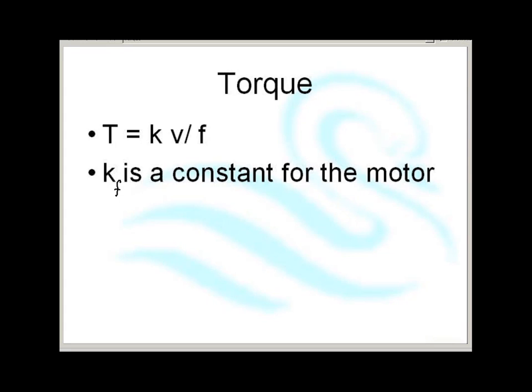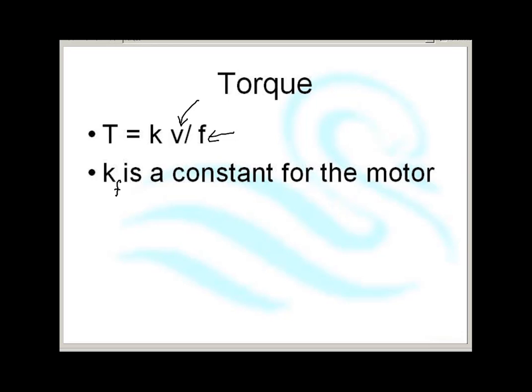But we do have this equation which says that torque equals a constant times the voltage divided by the frequency. The problem is that we've been altering the frequency, but we haven't been altering the voltage to suit. So we've ended up putting too much magnetism into the motor.